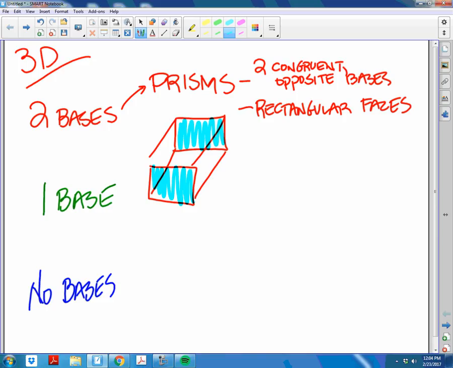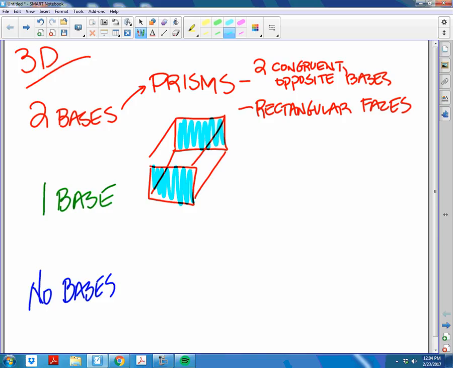There are other parts to polyhedrons. They have edges and they have vertices. What's a vertex? Easy definition, Brendan. When two lines of an object meet. Give me a simpler definition that explains it better. A corner. Perfect.